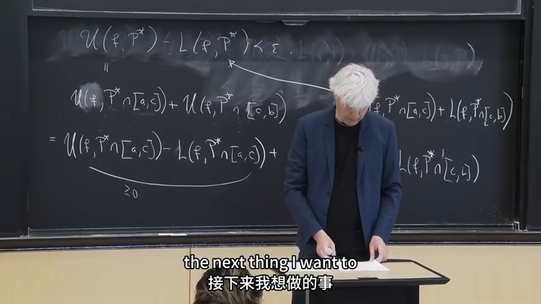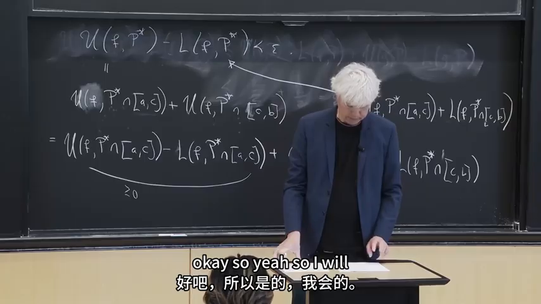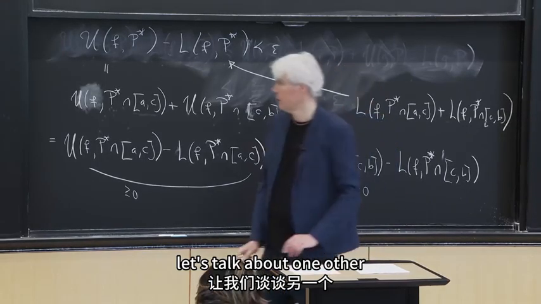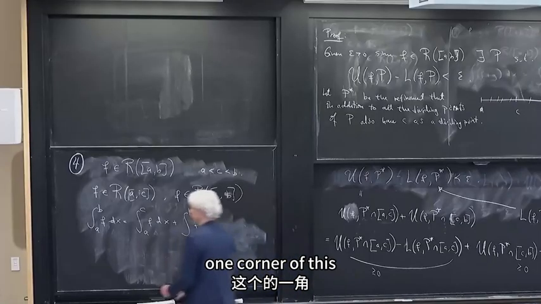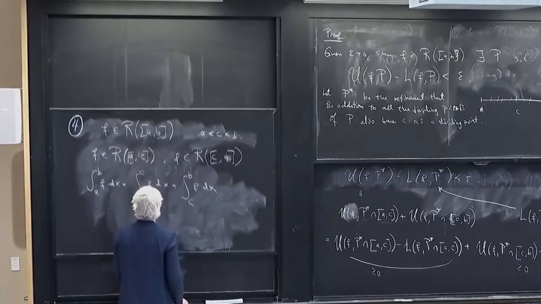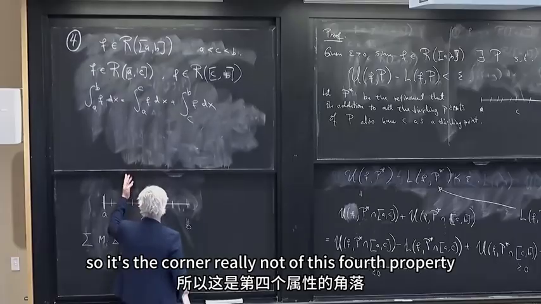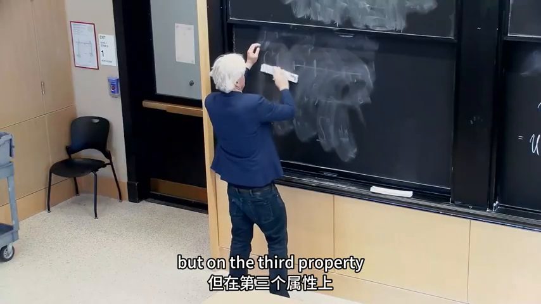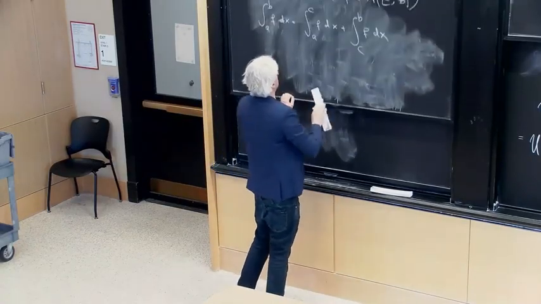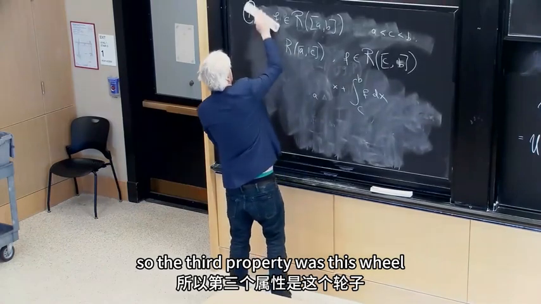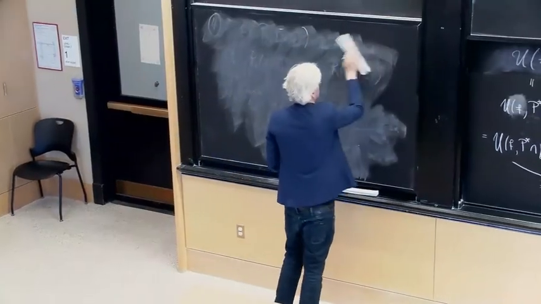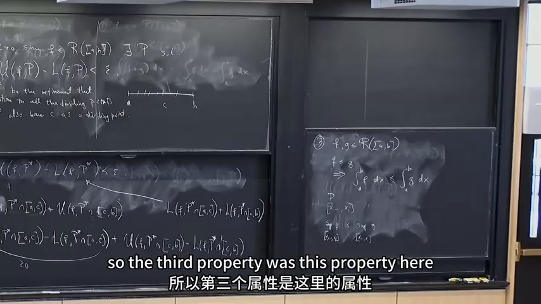Now let's talk about one corollary, really not of this fourth property, but of the third property. So the third property was this property here, over here.